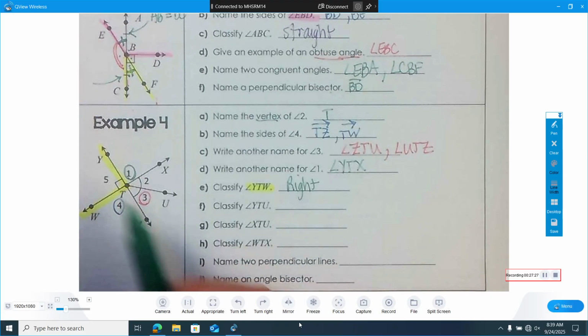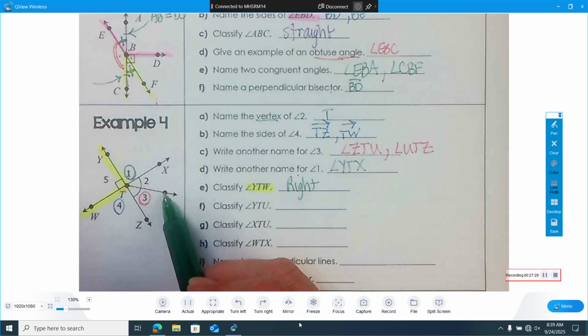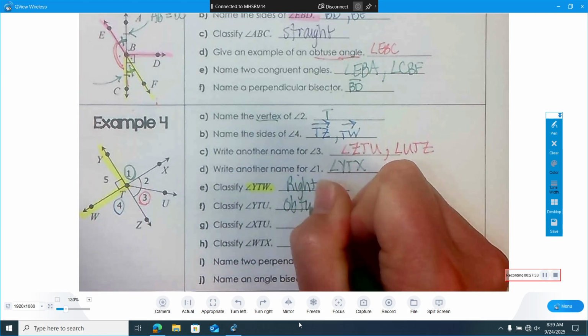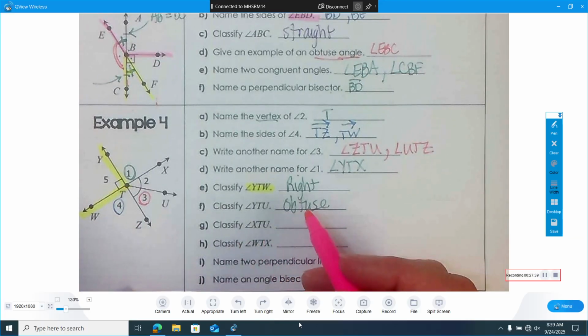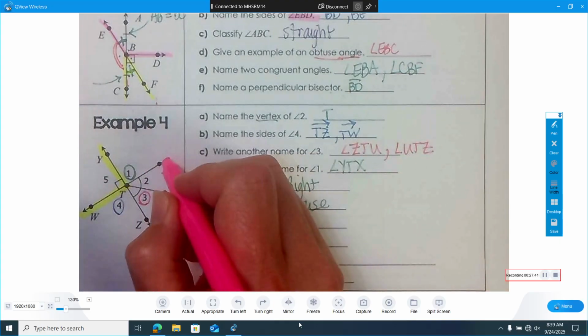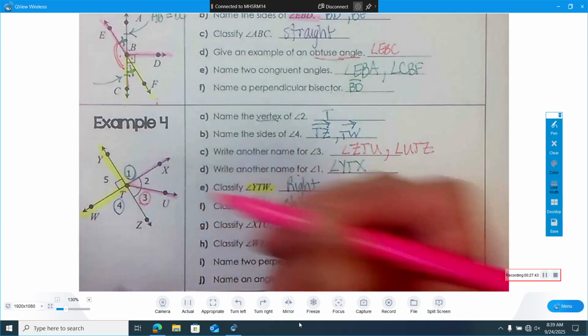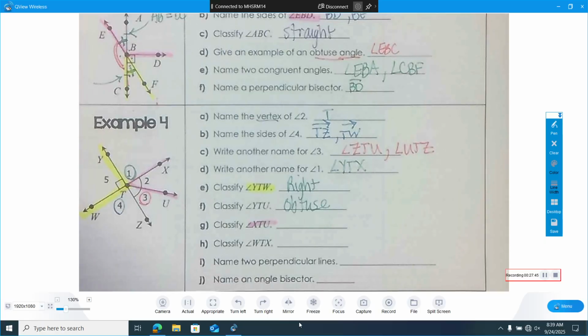Classify angle YTU. Obtuse. Very good. Classify angle XTU. Yeah, XTU. If I highlight those sides in pink, that can be very helpful.